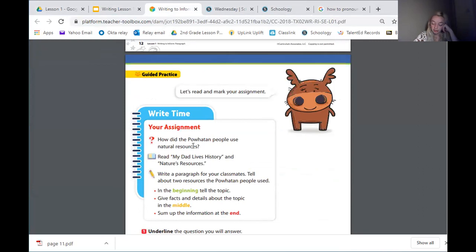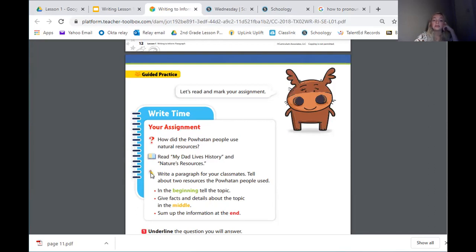Now, the Powhatan are a Native American group. So you're going to need to know that for this assignment. The Powhatan are a Native American group. Okay, the little book symbol says, read My Dad Lives History and Nature's Resources.